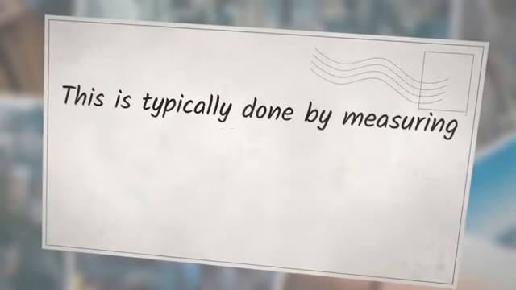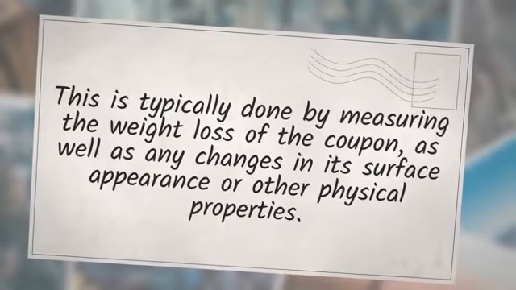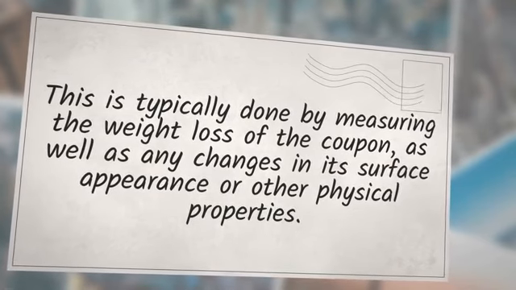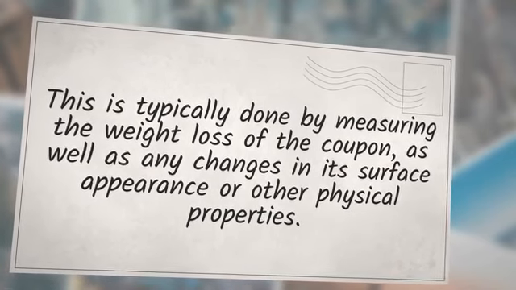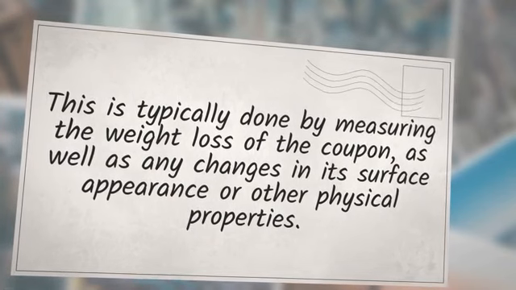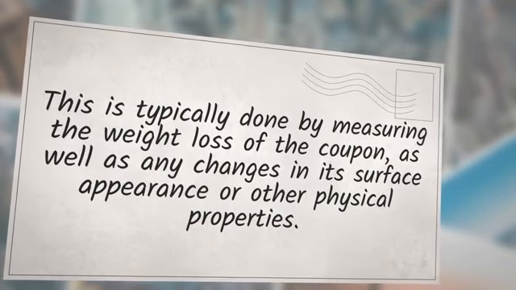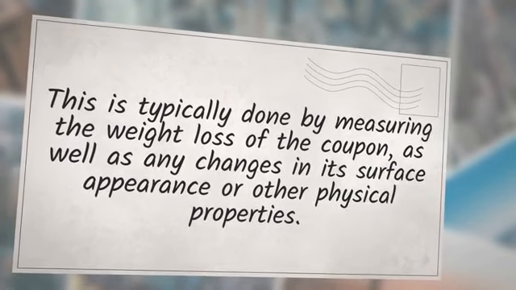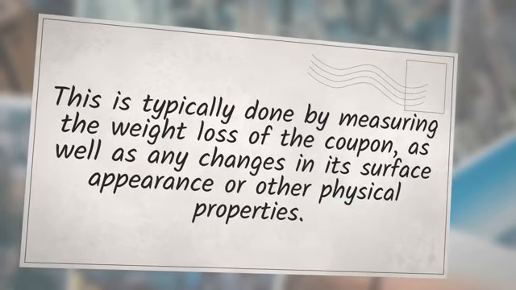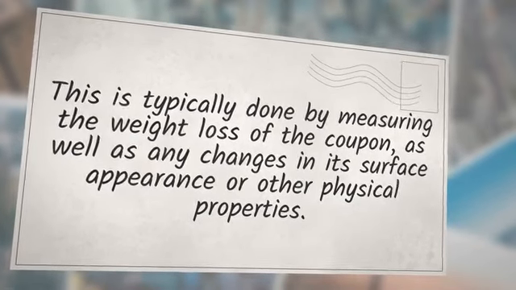After the coupon has been exposed for a specified period, it is removed from the system and analyzed to determine the extent and rate of corrosion. This is typically done by measuring the weight loss of the coupon, as well as any changes in its surface appearance or other physical properties.